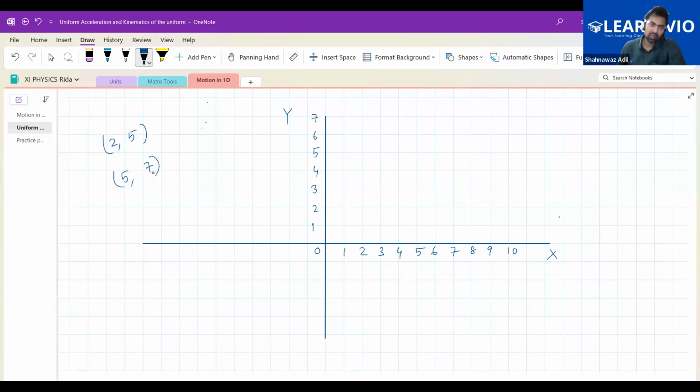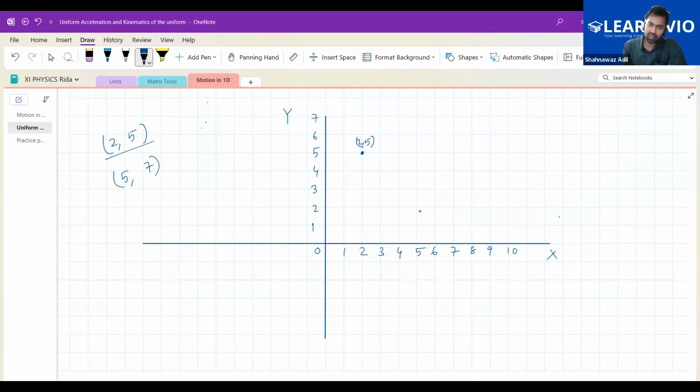Clear? Yes. So 2 comma 5 is where? This is 2 on the x part, y is 5. So this is 2 comma 5. So this has x1 and y1. Is it clear? Yes.